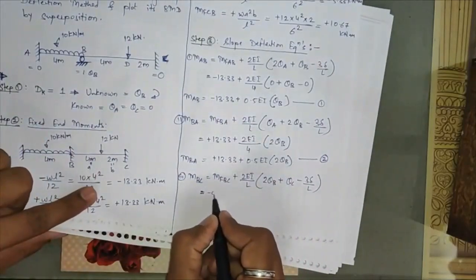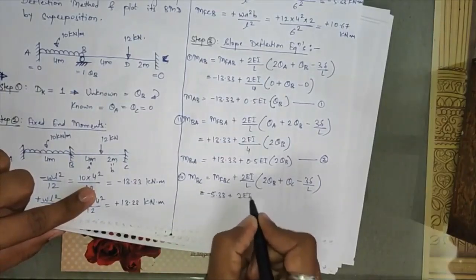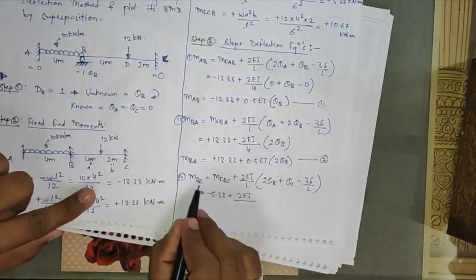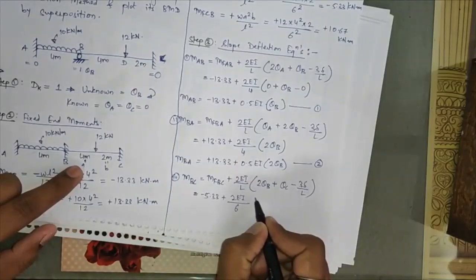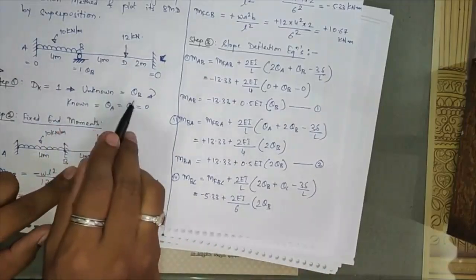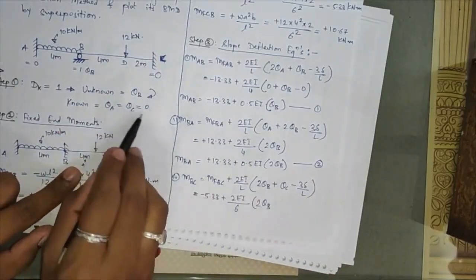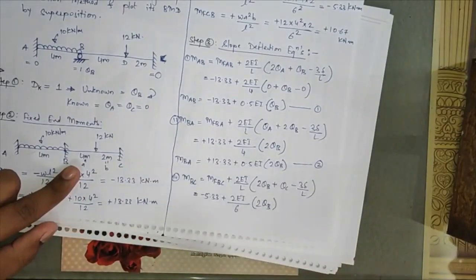So I'll get minus 5.33 plus 2EI divided by L, now L is of member BC, so that is equal to 4 plus 2, that comes equal to 6, right? Into bracket 2 times theta B, that is your basic unknown value, so it will remain as it is. Theta C value is equal to 0, and delta is also 0, so this will end over here.